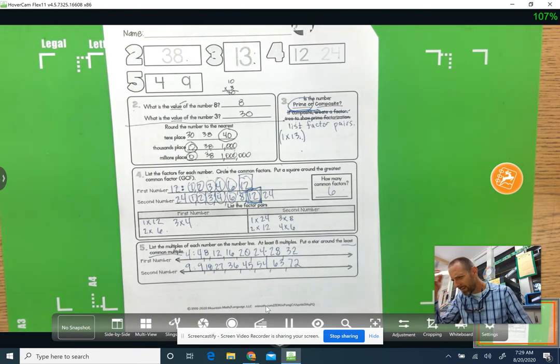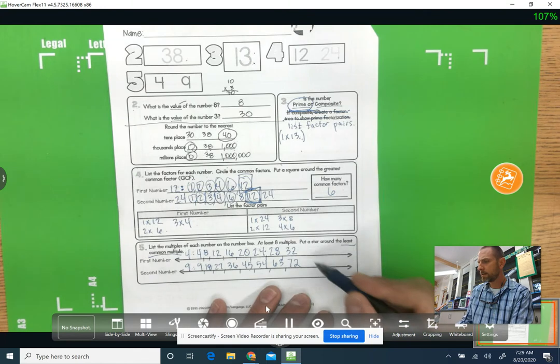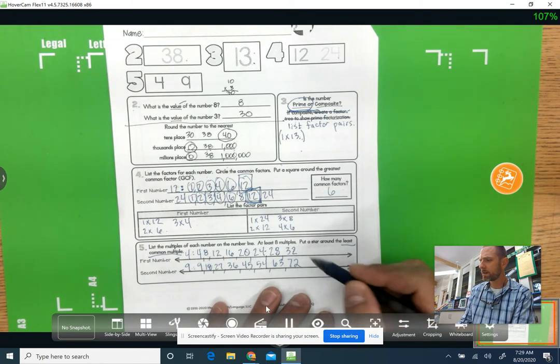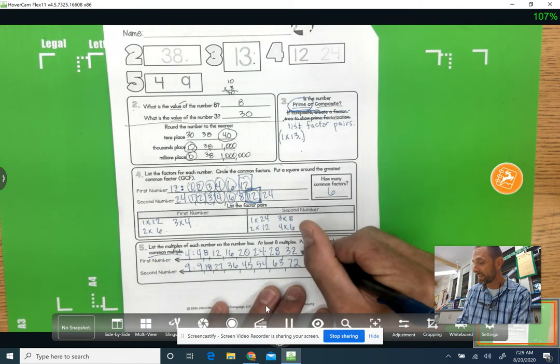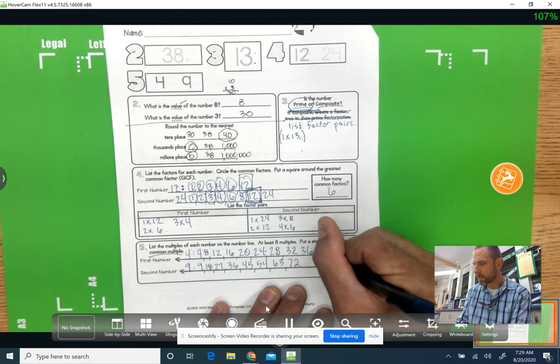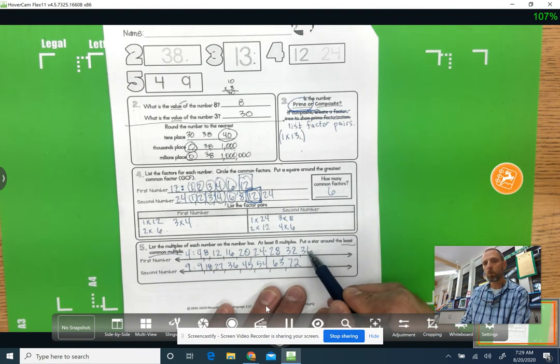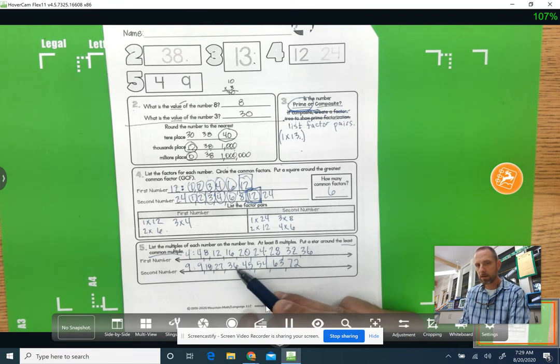I might have to list some more multiples here for the number 4. And that might be the case. 4 times 9 is 36. So I just listed one more multiple, and guess what? That helped me find the least common multiple.